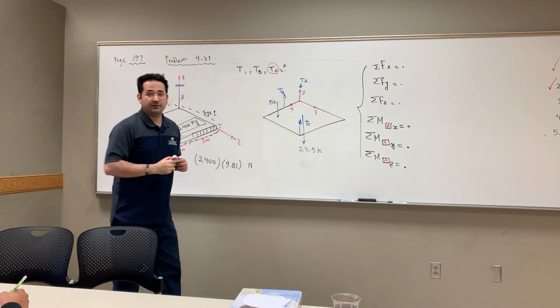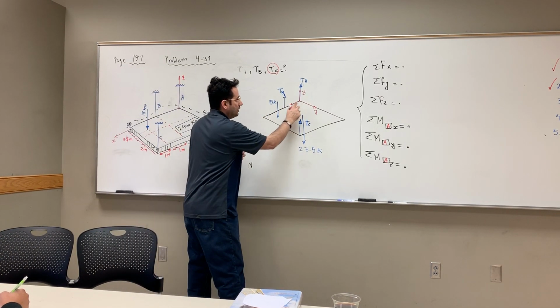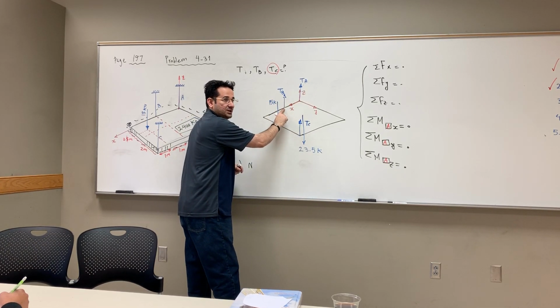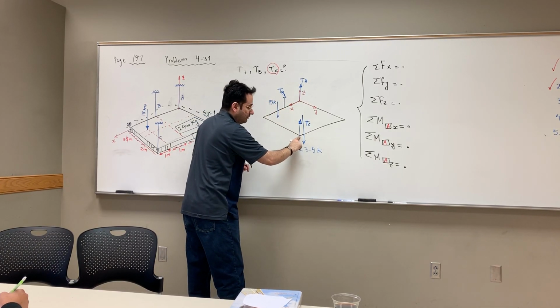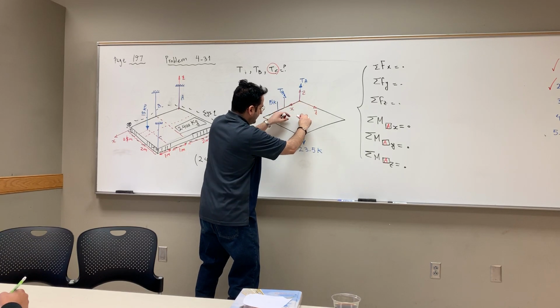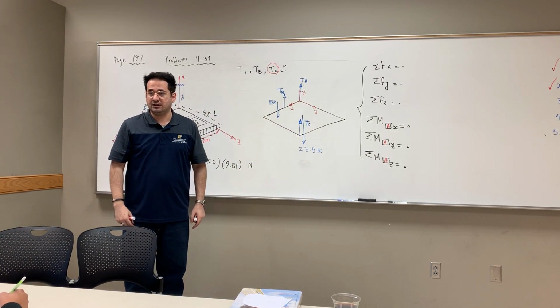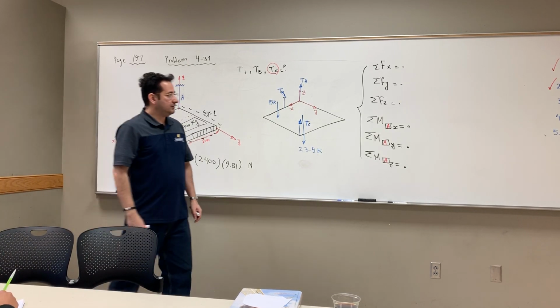If the point was B, you just translate this axis and put it at B. If the reference point was C, you translate this axis and put it at C when you write your equation.